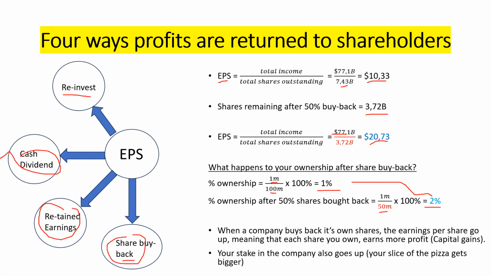These profits are expressed as earnings per share. Companies distribute profits to shareholders in 4 different ways: through cash dividend, through share buyback. The company can reinvest the profits for you to grow the company. And lastly, they can just retain your earnings in cash reserves.